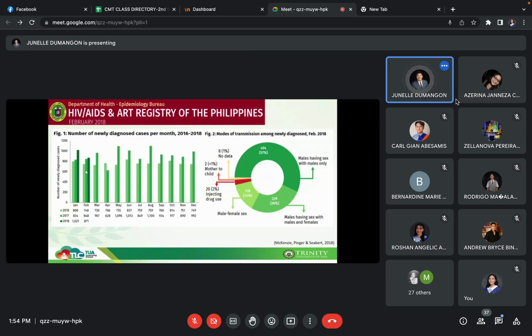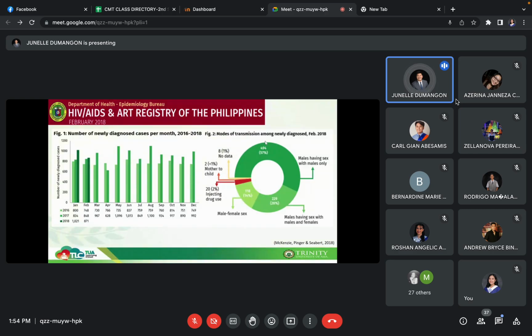And we can see that in 2018, which is represented by this dark green, there was an increase in January as compared to January of the previous years. No? So dumami daw yung na-diagnose ng HIV/AIDS noong January 2018. So this just shows us distribution and occurrence. So correct, this is a descriptive epidemiology.